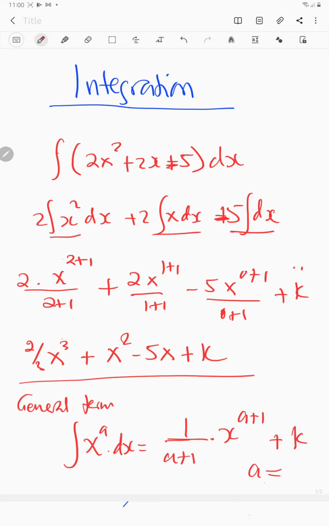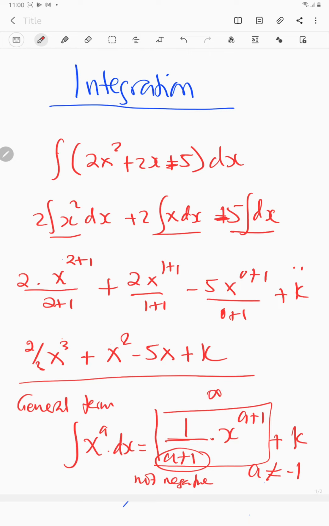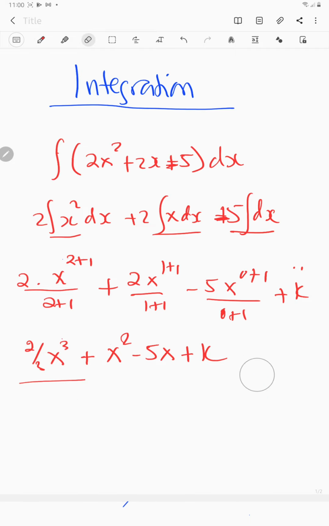You make sure that a is not equal to minus 1, because if it is, the whole expression becomes infinite, and we try to avoid that situation. So we control for that particular part.